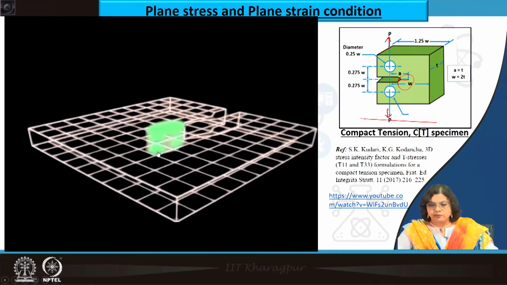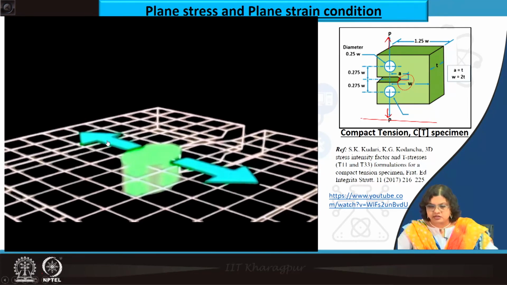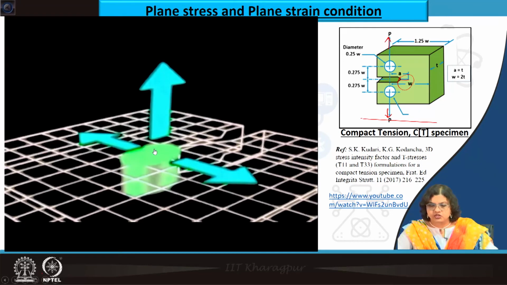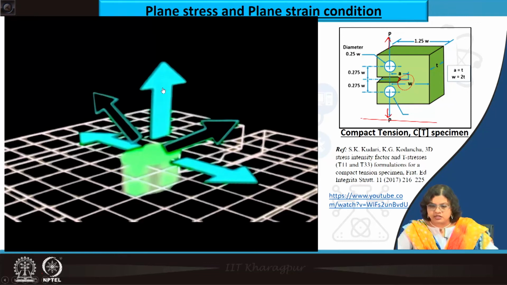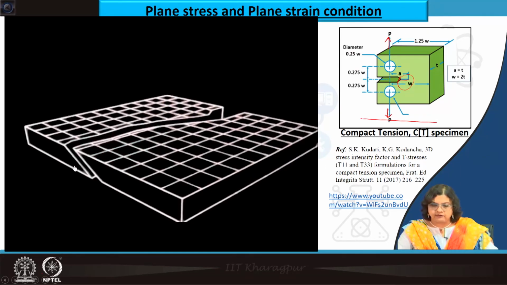Now, when we are talking about the thin component, you see the plastic zone here is pretty big, encompassing the entire thickness, and we are applying the tensile stress along this direction, which leads to a stress perpendicular to it, which however is 0, and then there is a shear stress also at 45°, and accordingly the crack will move along the shear planes, and that will lead to a slant fracture surface.